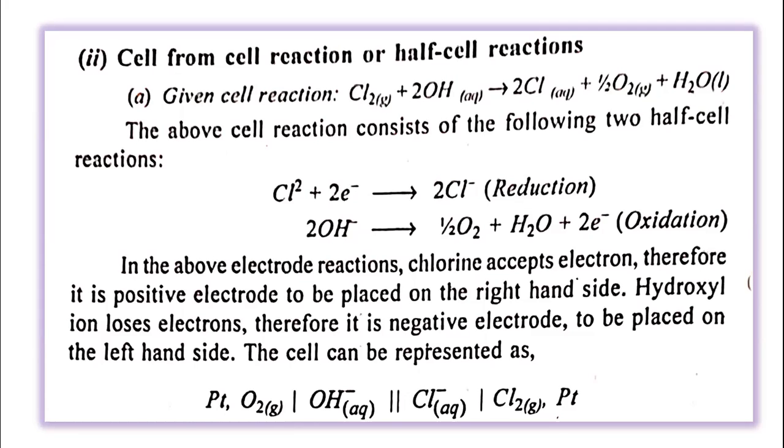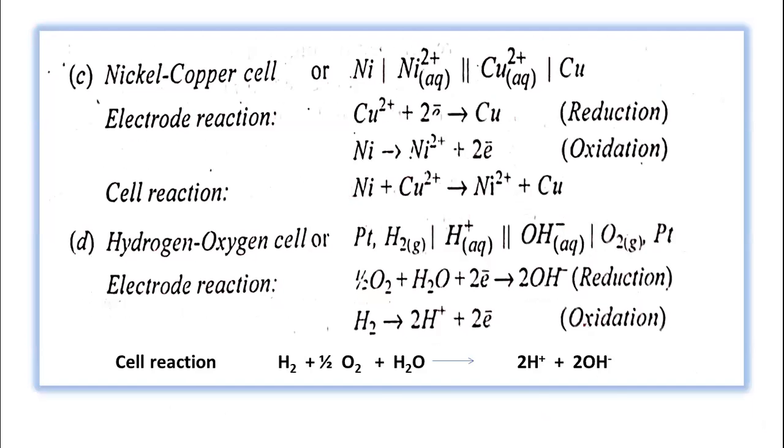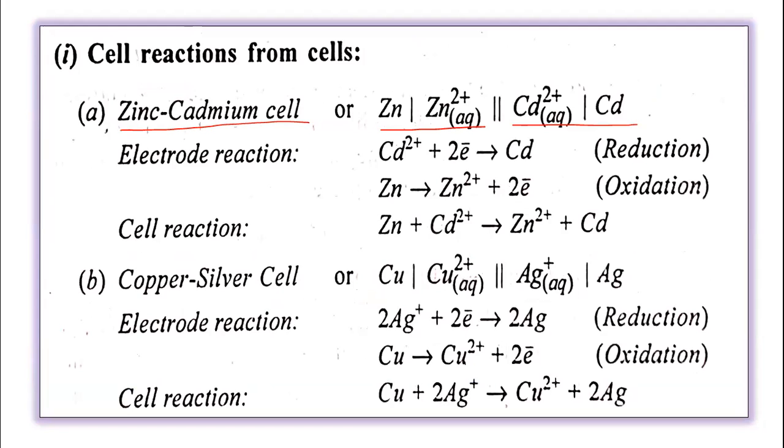Now the second part is given here: cell from cell reaction or half cell reaction. How to construct a cell from a cell reaction? In the previous case, we wrote the cell reaction from the galvanic cell.